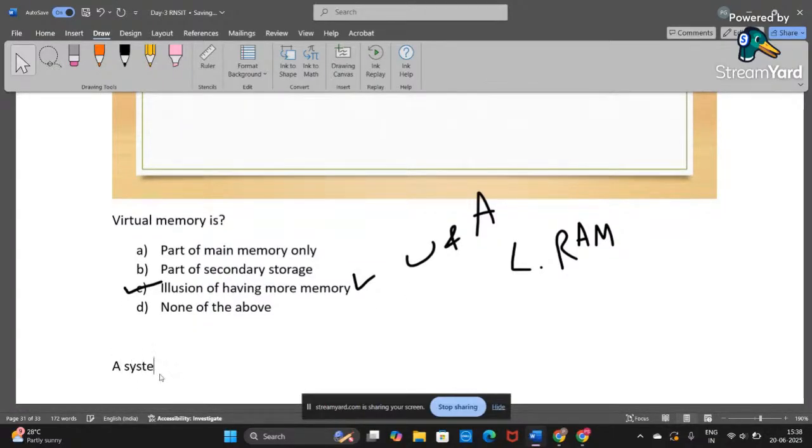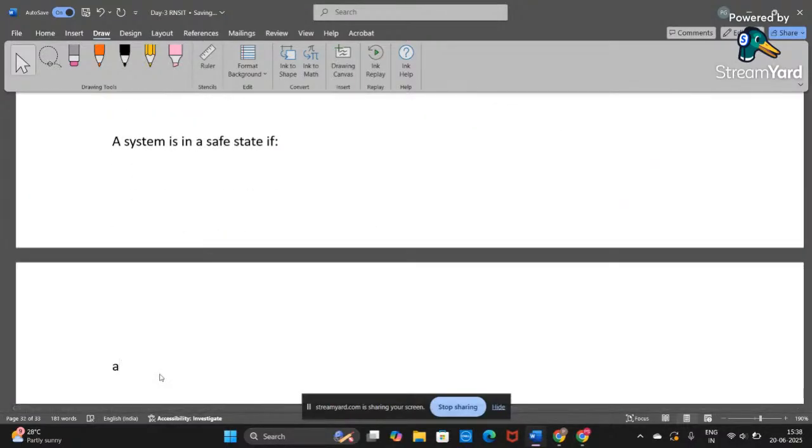A system is in a safe state if. Option one, no deadlock occurs.